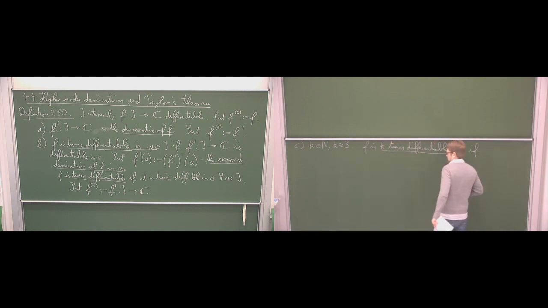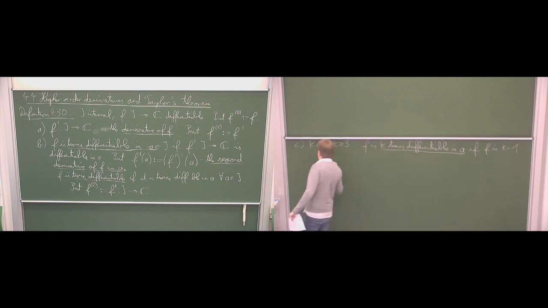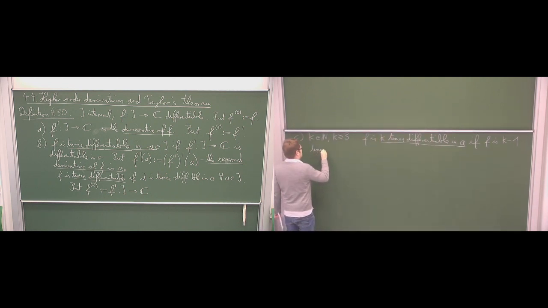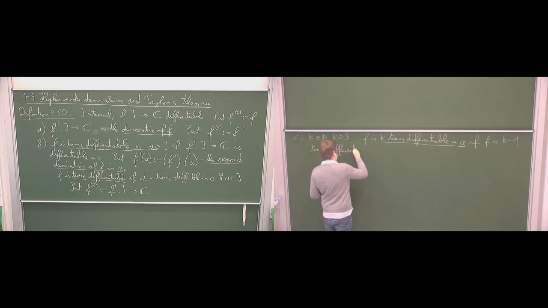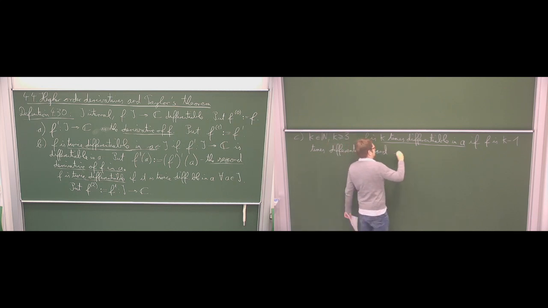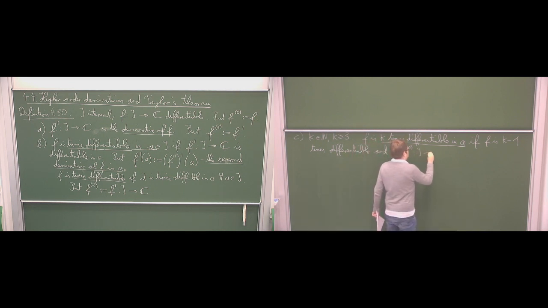if, and now we basically model the definition of the second derivative, if we assume that we already know what k minus 1 times differentiable means, and if we assume that f is k minus 1 times differentiable, so everywhere, and the k minus first derivative, which I denote by f^(k-1), I say a bit on this in a second.